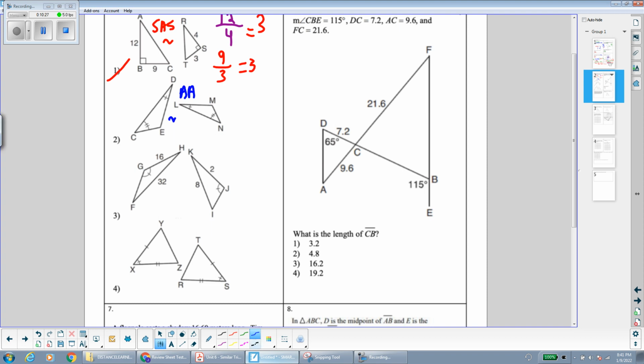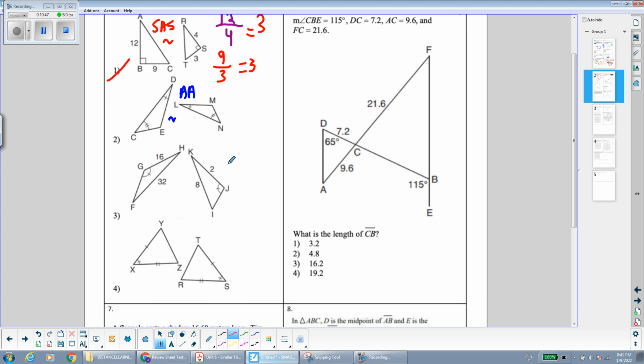Okay, let's take a look at number 3. So number 3 shows a congruent pair of angles, and it also shows 2 sides on each of the triangles.